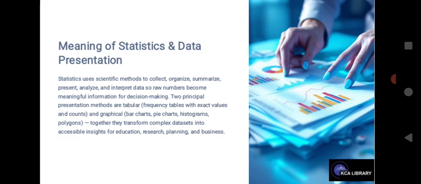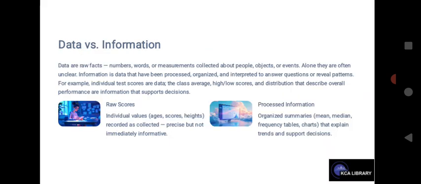In tabular form, that includes presenting data in frequency tables, while in graphical method, this one is when you visualize data, making use of bar charts, pie charts, histograms, polygons, cumulative curve, etc. Both of them transform complex data sets into accessible insights for research, for education, for planning, and even for business.